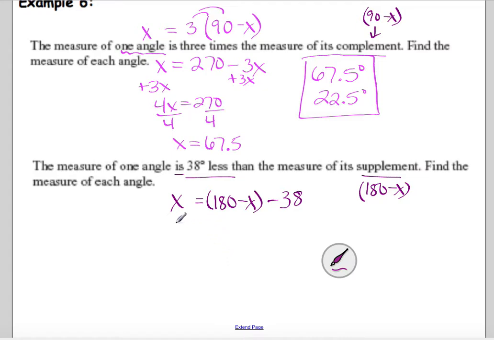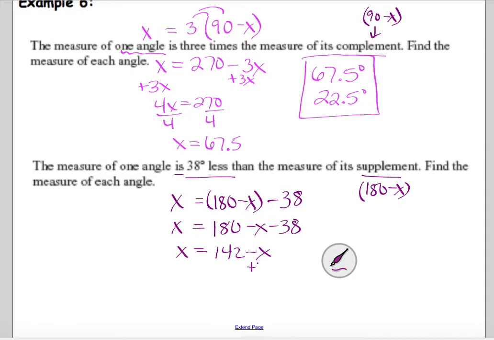And so we're going to solve this. We don't really need these parentheses because I didn't have to distribute anything in this problem, so I'm just copying right now. Then 180 minus 38, combining our like terms, is 142 minus x, and then x equals over here.